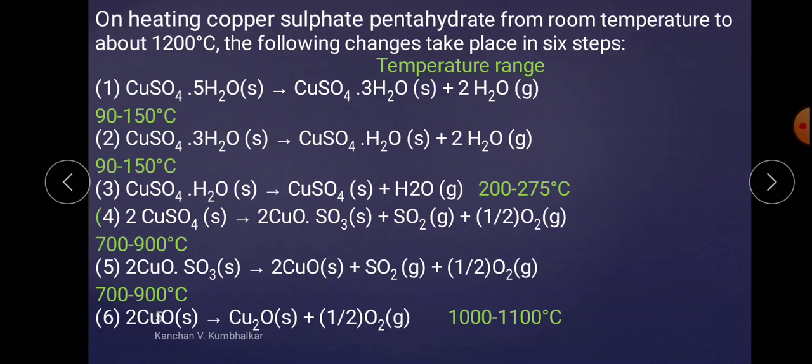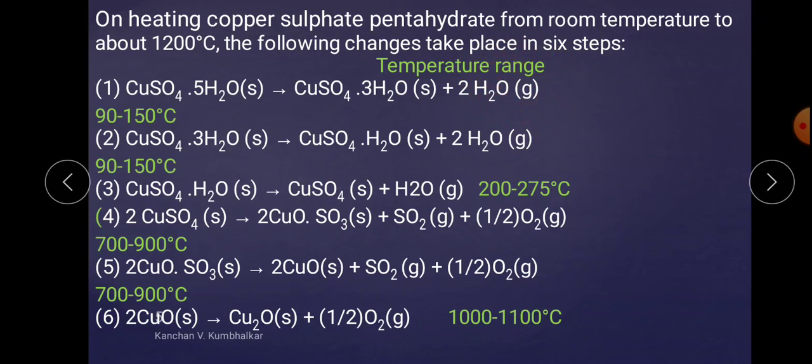Now let's check out the first reaction. When the temperature is between 90 and 150 degrees Celsius, the copper sulfate pentahydrate decomposes into copper sulfate trihydrate with the liberation of water gas. Water molecules are ejected here, meaning the first weight loss has been observed.